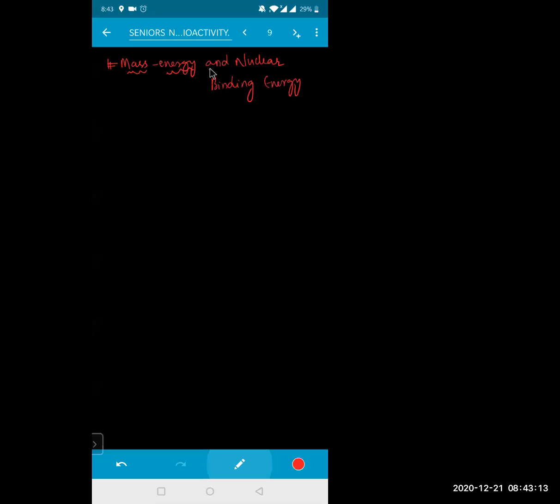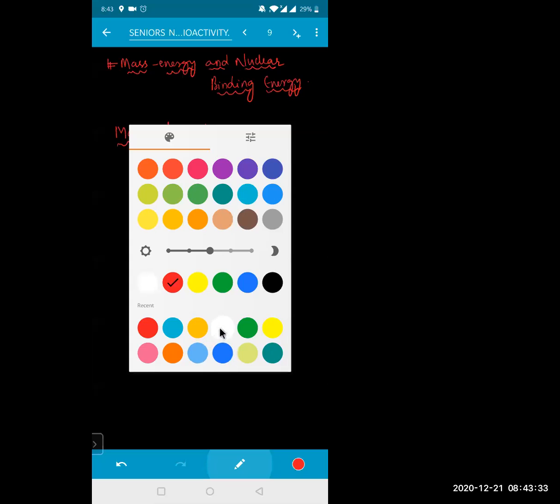Mass energy and your nuclear binding energy. So let us first talk about the mass and energy relation, Einstein's mass energy equation, the relation between mass and energy.